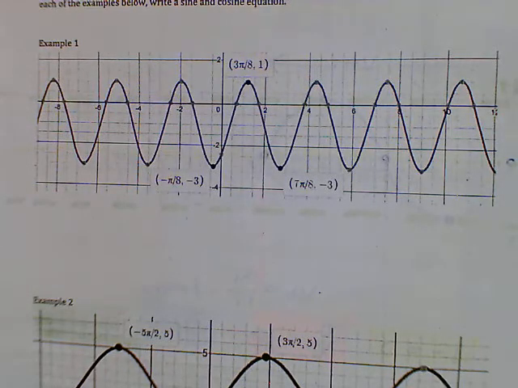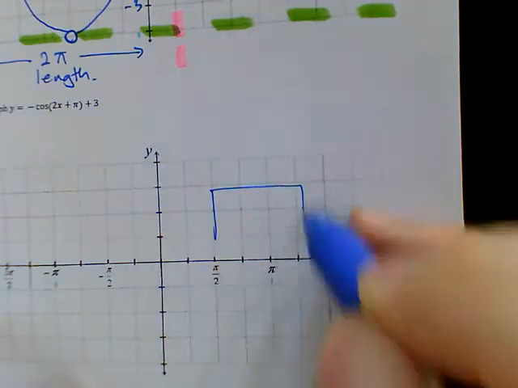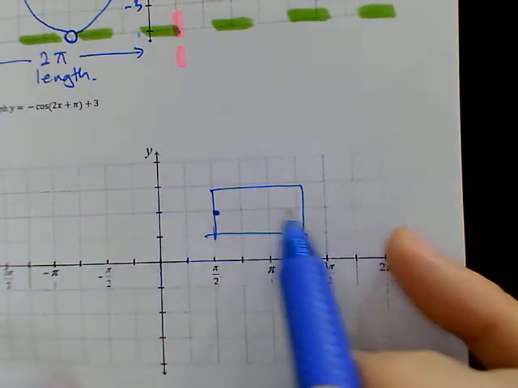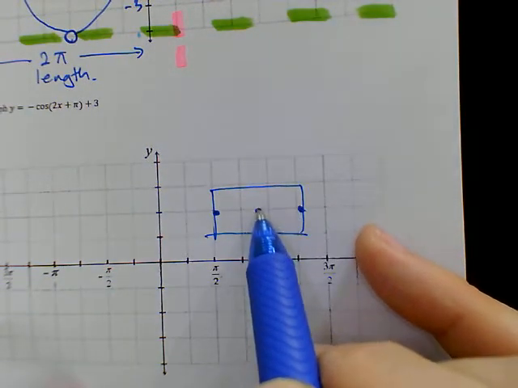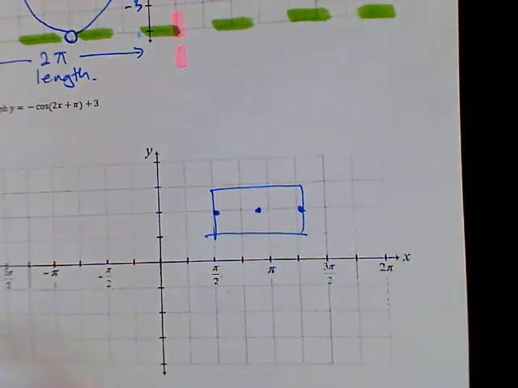Questions? I was just wondering, how do you remember whether it starts down and up or up and down? Does it change for cosine and sine? For sine, if this was my box, I know it would have to have these 3 points because sine always starts at the transverse axis. Okay.